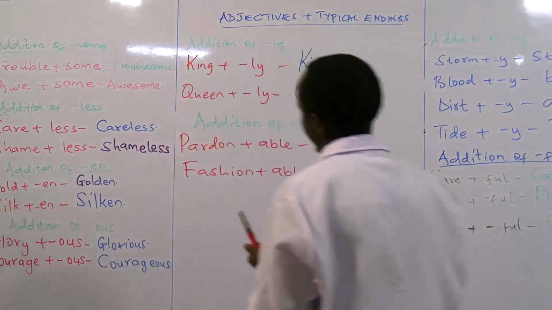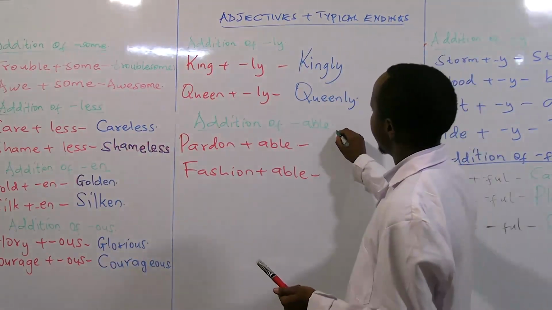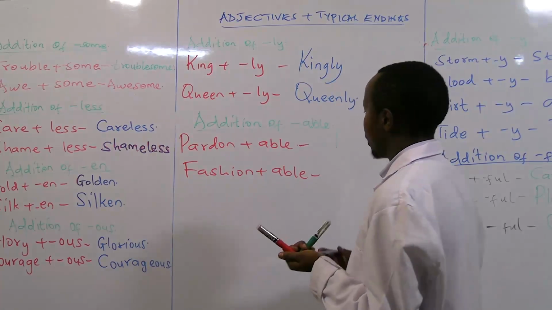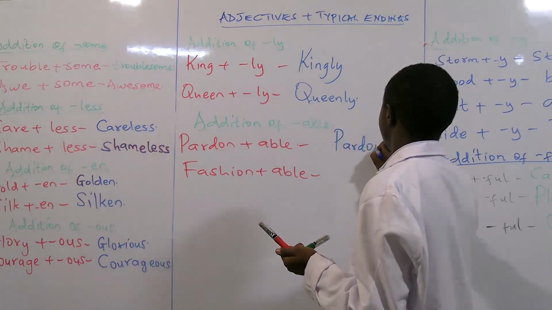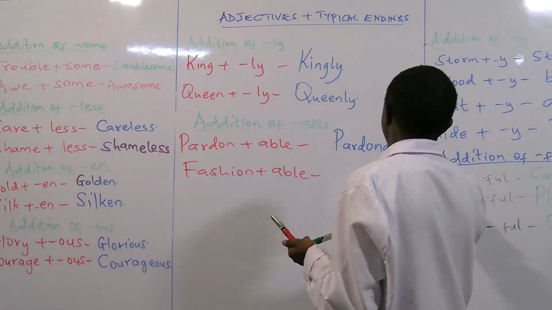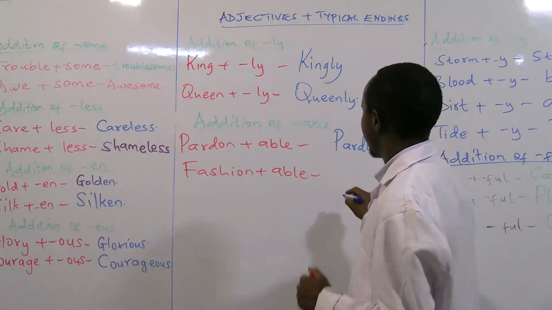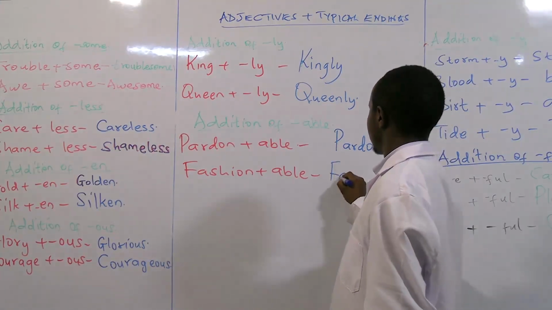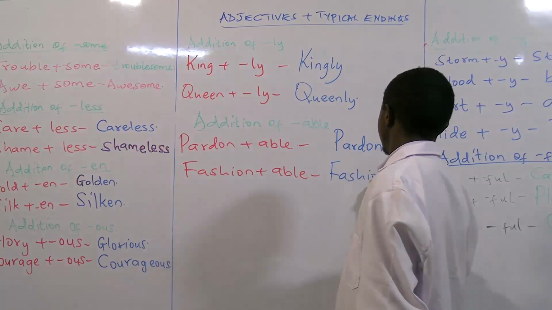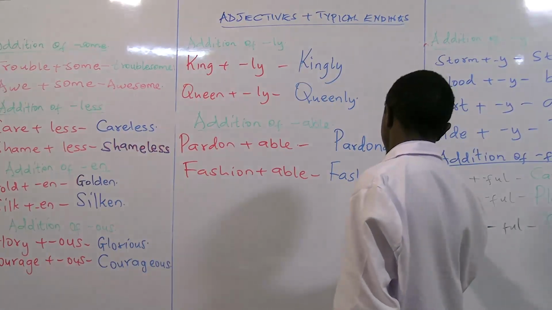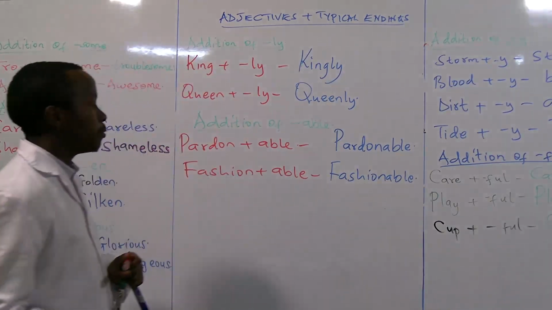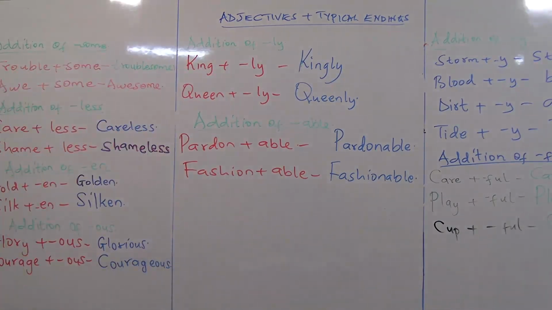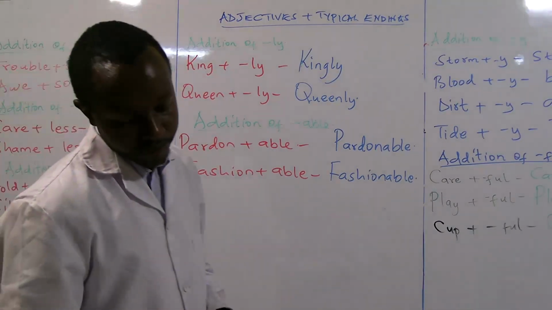Pardon plus able becomes pardonable. Fashion plus able becomes fashionable. That is addition of able.